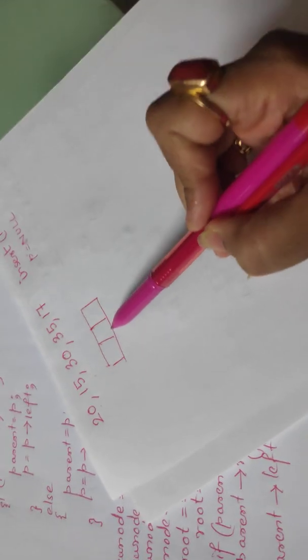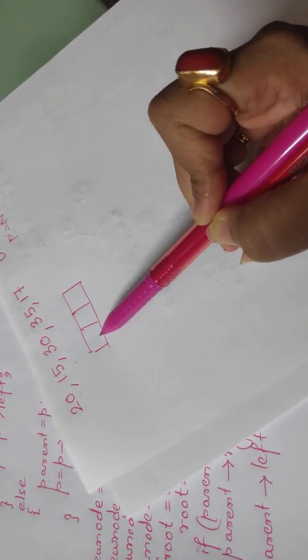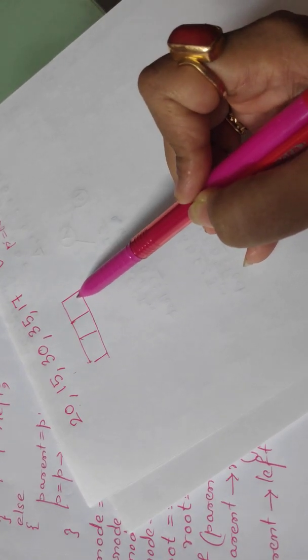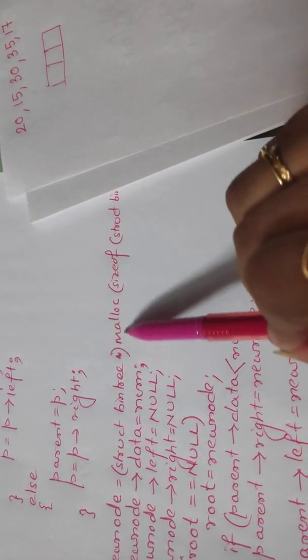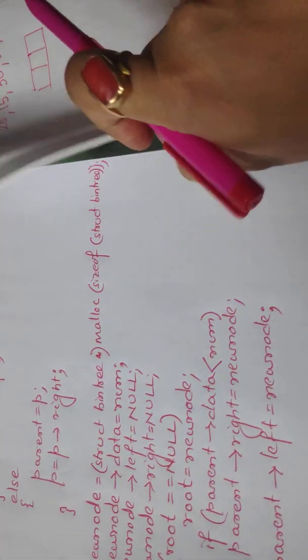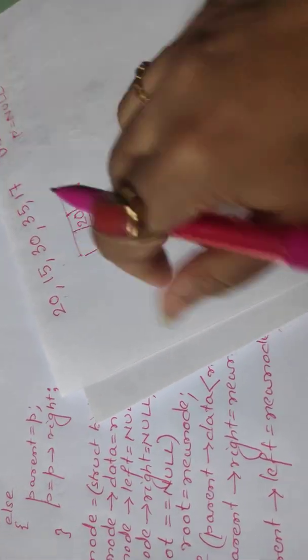One is the data part that stores the data. This side stores the address of the left subtree, and this stores the address of the right subtree. So we have allocated memory, and new node data is equal to num. So in the data part, we have stored 20.